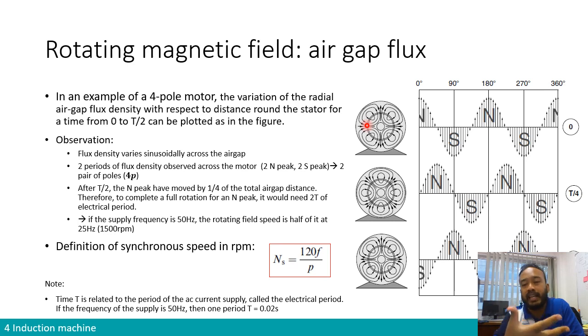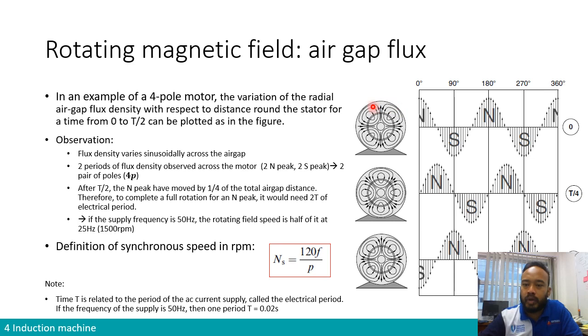We know the current is an AC current, it has a certain frequency, so it will vary across time, right? So what we want to observe is how the magnetic flux in the air gap looks like as the currents are moving.